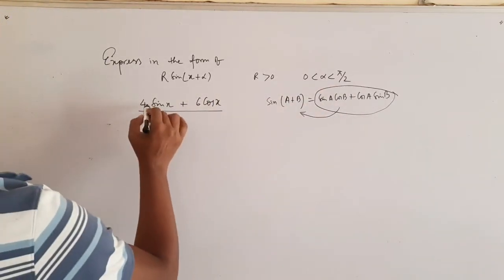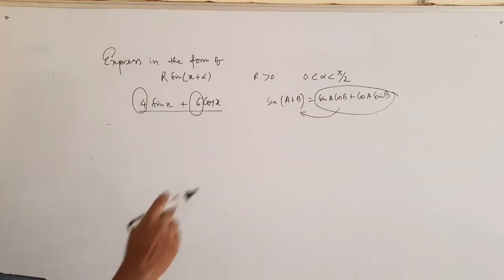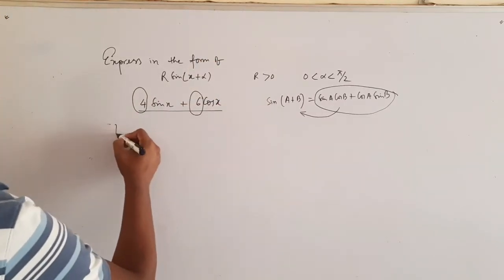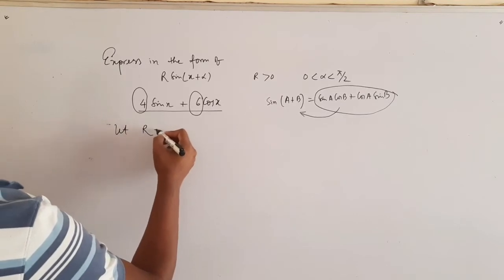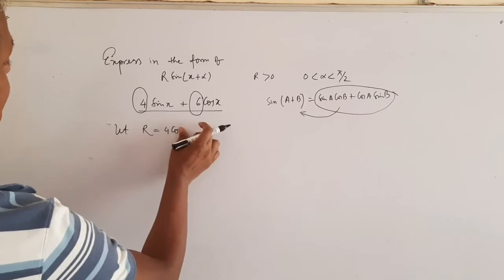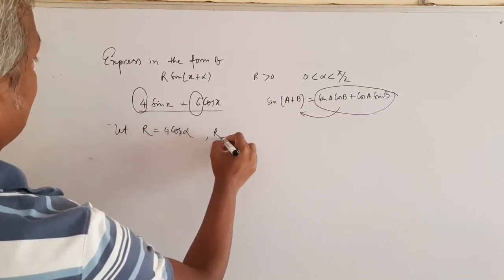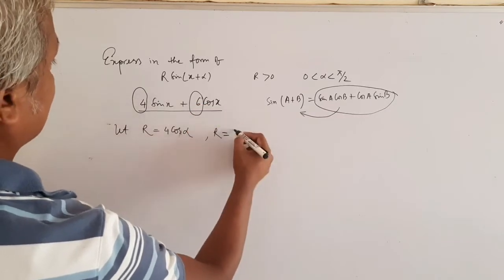If we can convert these two things, or we can assume something, I can get that form. So we will say let r is 4 cos alpha, and r is 6 sine alpha.